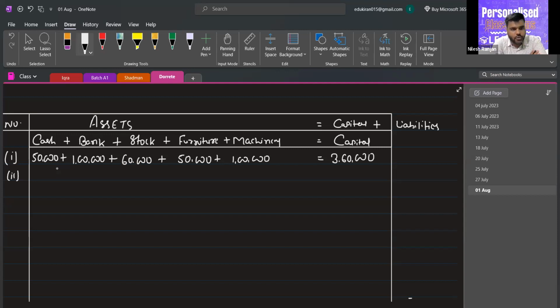If we pass a journal entry, these items will be written on the debit side and there will be a single capital on the credit side. So the total of the debit side should be equal to the total of the credit side, so that both sides will be equal.